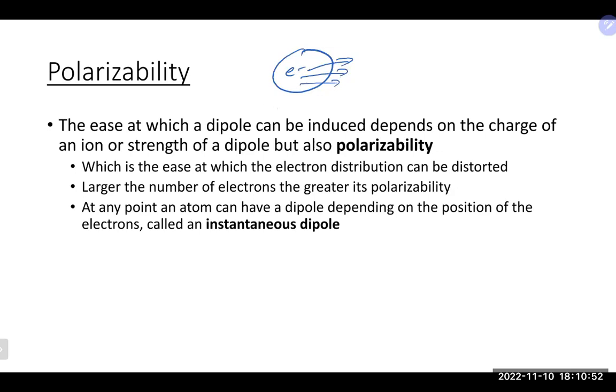Just temporarily, all the electrons can end up on one side of the molecule versus the other. That would temporarily create a charge separation in a nonpolar molecule that normally is not there. That's sometimes referred to as an instantaneous dipole. An instantaneous dipole is just electrons shifted from one side to the other, creating a temporary charge.